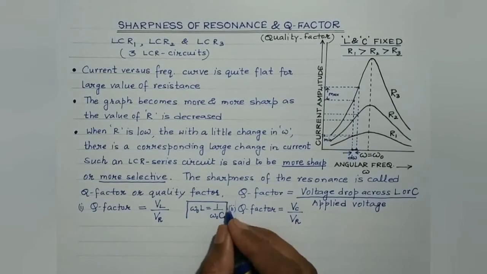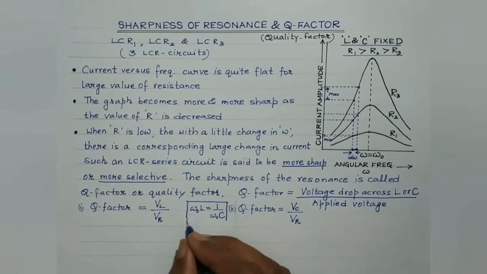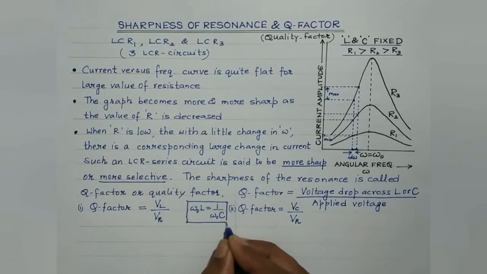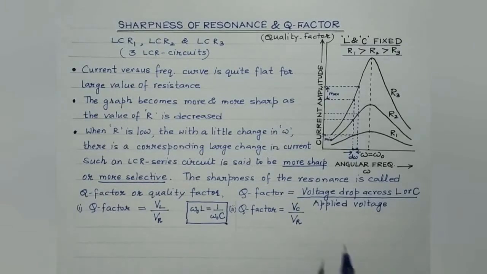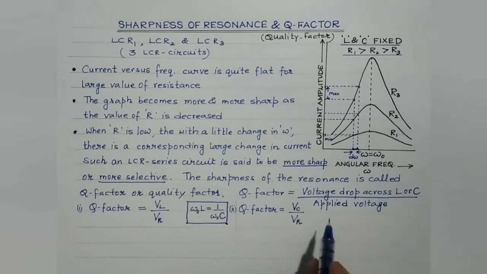So at resonance, the quality factor of a series LCR circuit is defined as the ratio of the voltage across the inductor or the voltage across the capacitor to the applied voltage. The applied voltage at the resonant condition is equal to the voltage across the resistor.